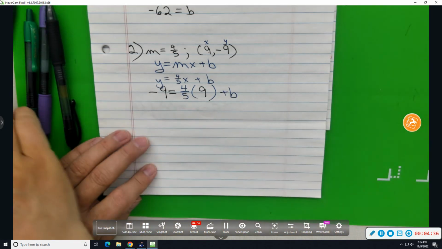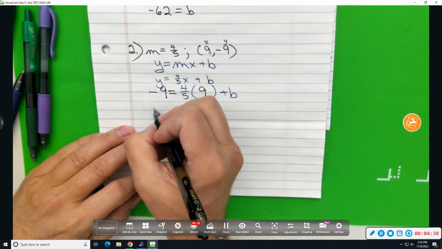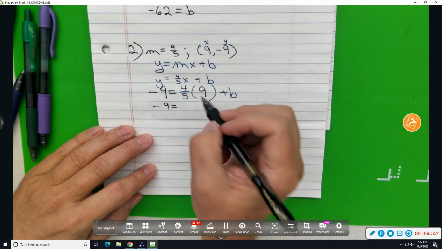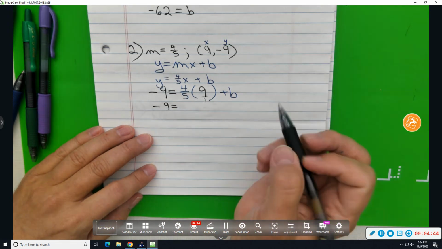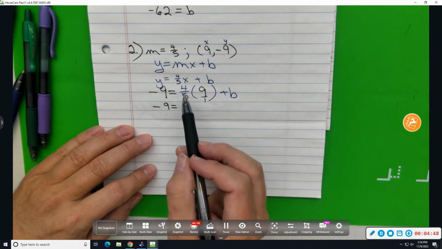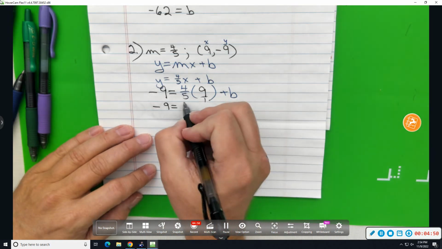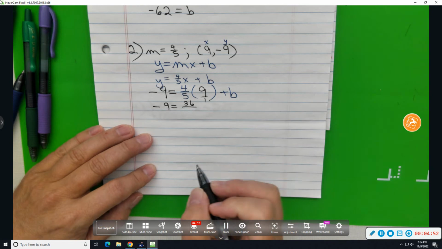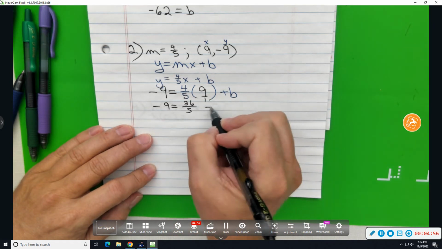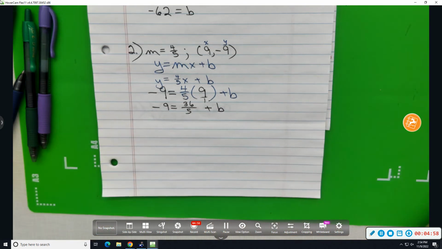So that says negative 9 is equal to 4/5 times 9. Remember, that's like a 9 over 1. You don't multiply both the 4 and 5 by the 9. You multiply 4 times 9, that's 36 all over 5 times 1 is 5 plus b.